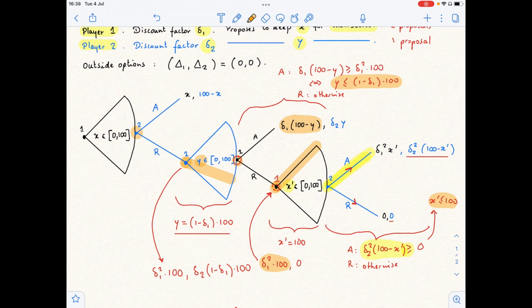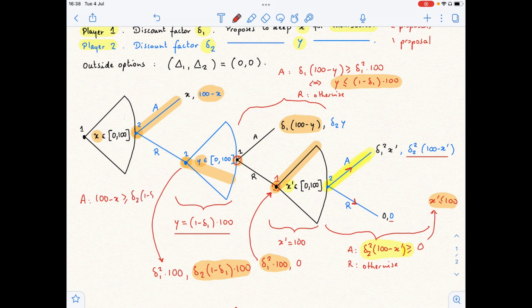If player 2 considers the offer of player 1, and they think of whether accepting or rejecting, they will accept any offer such that 100 minus x is greater or equal than the payoff they would get if they reject and they make their proposal.